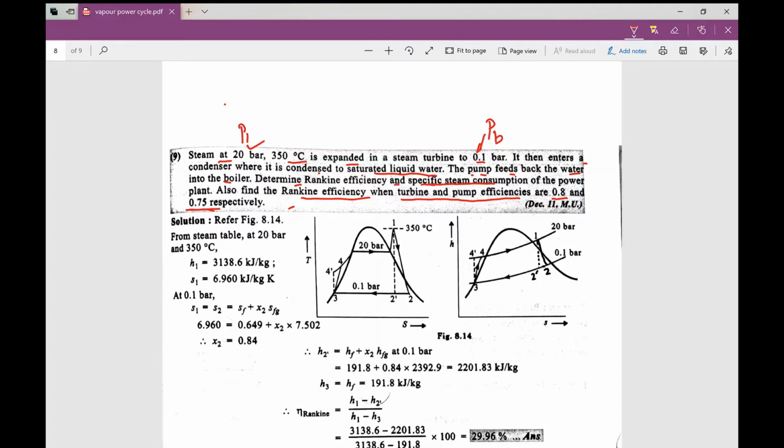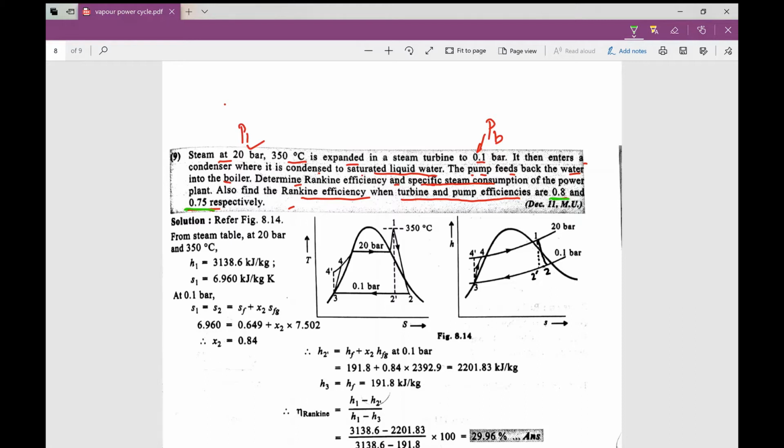So dear students, one thing you should know about these two values, 0.8 and 0.75. Efficiencies of turbine and pump are given. It means isentropic expansion, as we have seen in the previous case. Here also, the isentropic process should be shown on the diagram along with the actual process, because due to efficiency the process is not isentropic in this numerical.